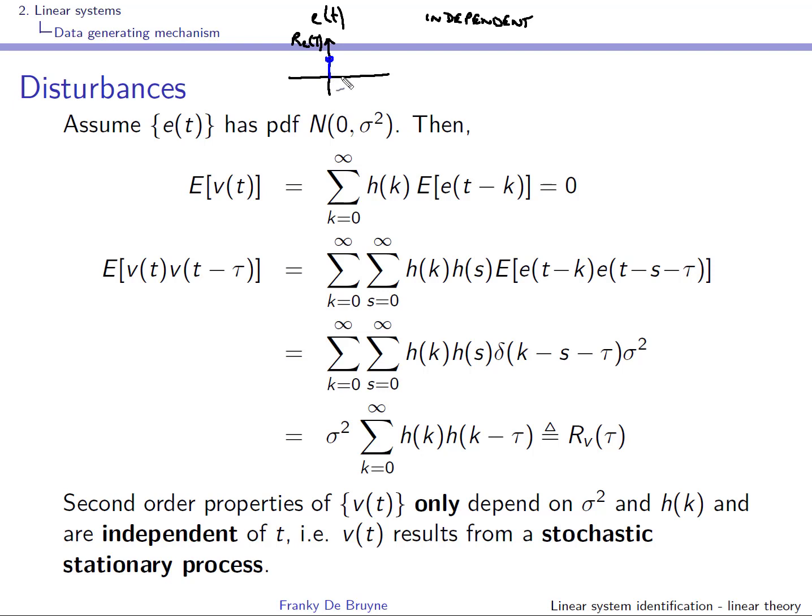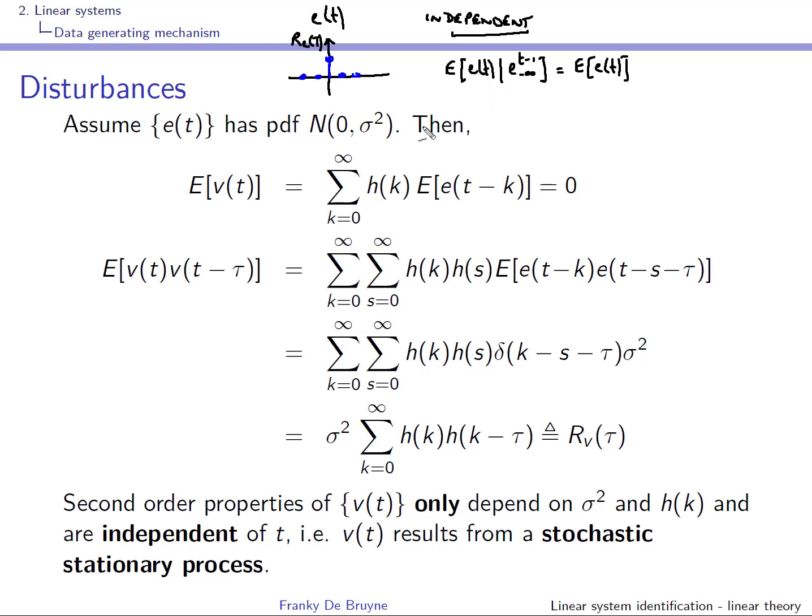It will be 0 everywhere except for tau equal to 0, where we'll have sigma square, right? And we know also that this independence means that the expected value of e of t, if you know all the past values, and I write it down like this, is exactly the same as the expected value of e of t. So knowing the past values of e will not bring you anything to estimate the present value of e of t.